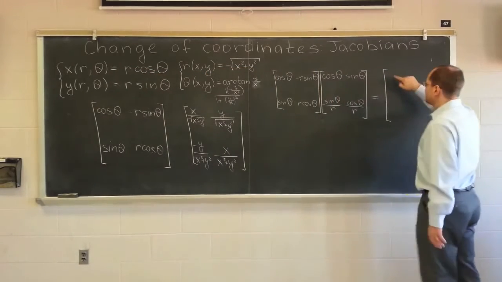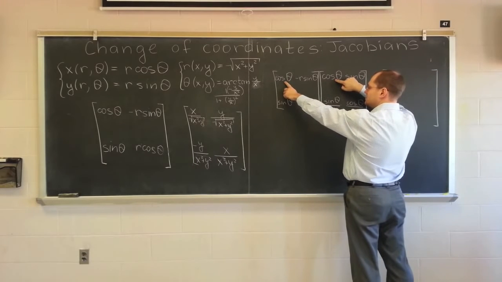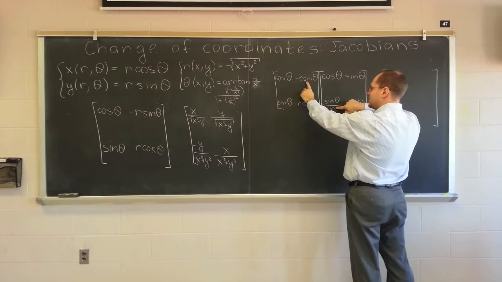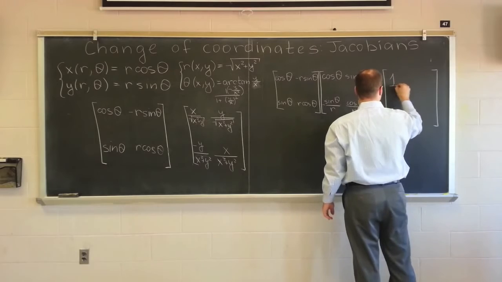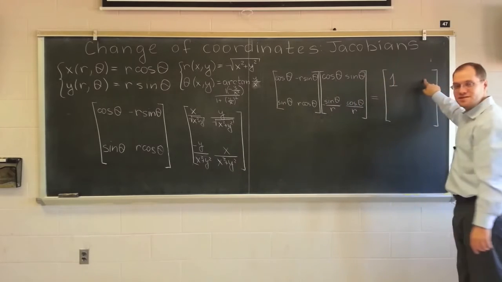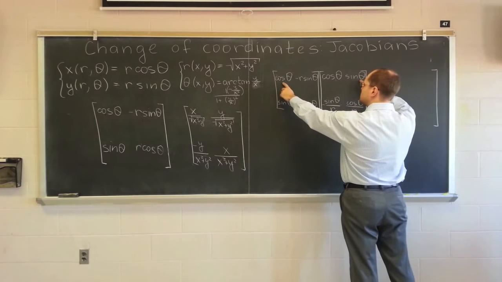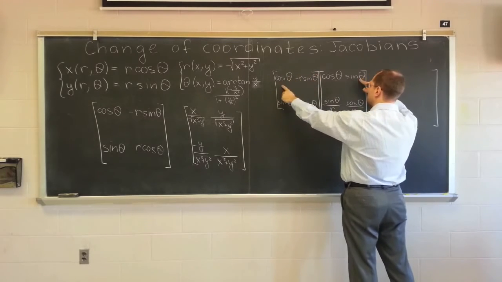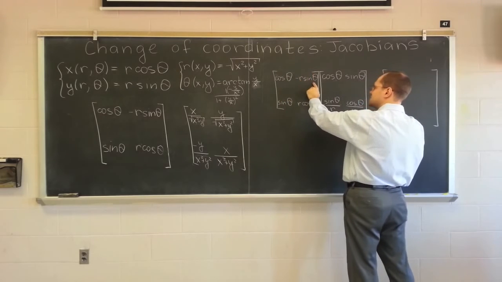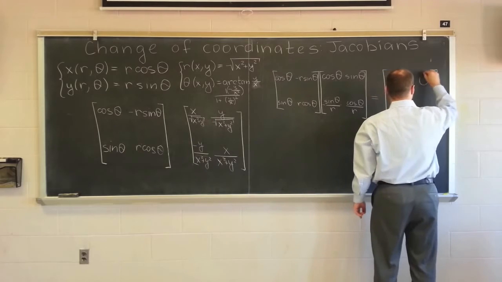Let's see what this entry is. It'll be cosine squared theta, and the r's cancel; minus signs give you a plus. Cosine squared theta plus sine squared theta is 1. Moving on to this entry: cosine theta times sine theta, the r's cancel, so we have cosine theta sine theta minus cosine theta sine theta, so 0.